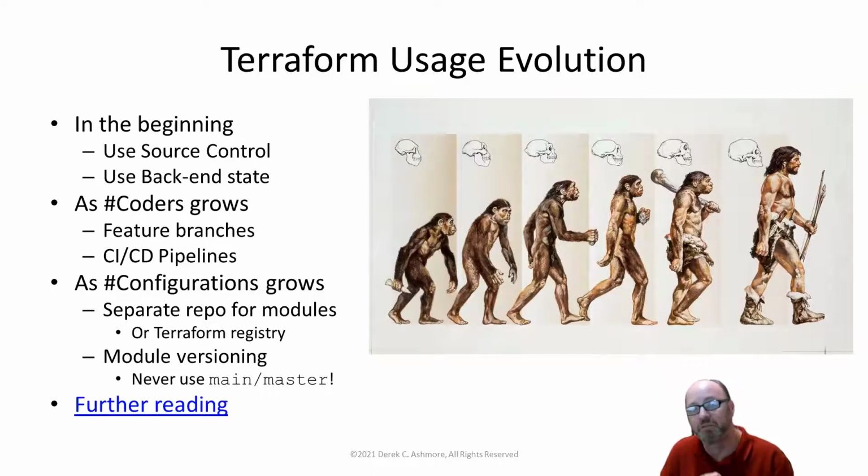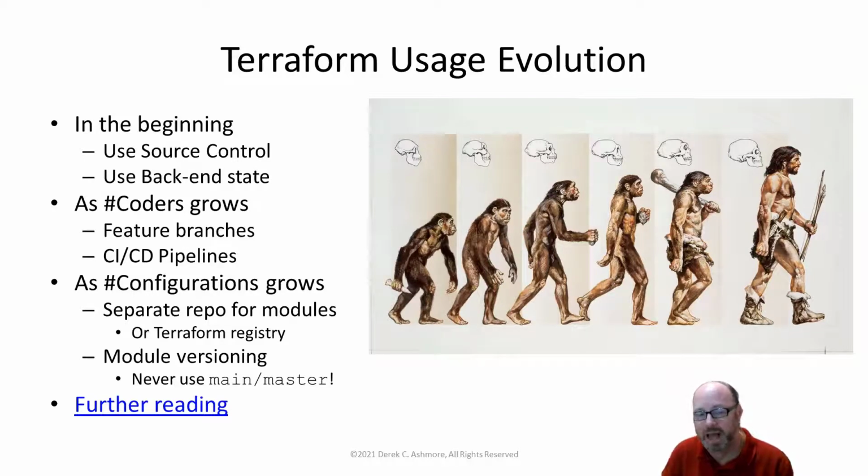As the number of Terraform configurations grows. Now remember, Terraform configurations are the outer Terraform project that you execute to create and manage infrastructure. As the number of configurations grows, your number of modules is also going to grow.